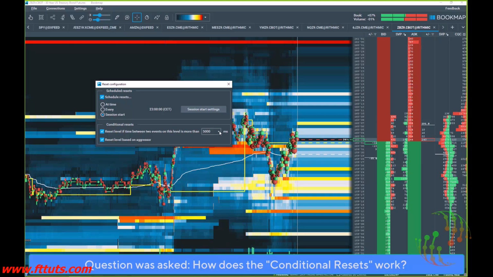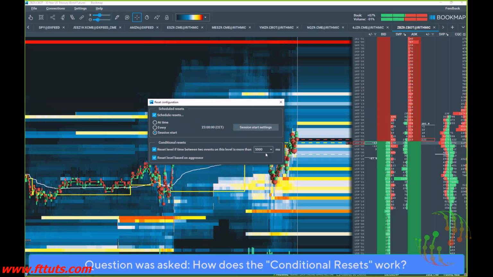Then I think it would make sense to define 5,000 milliseconds, although in this case I haven't tested it. I'm not sure, but I think you have more time and a more accurate indication of what is really traded during this time here.